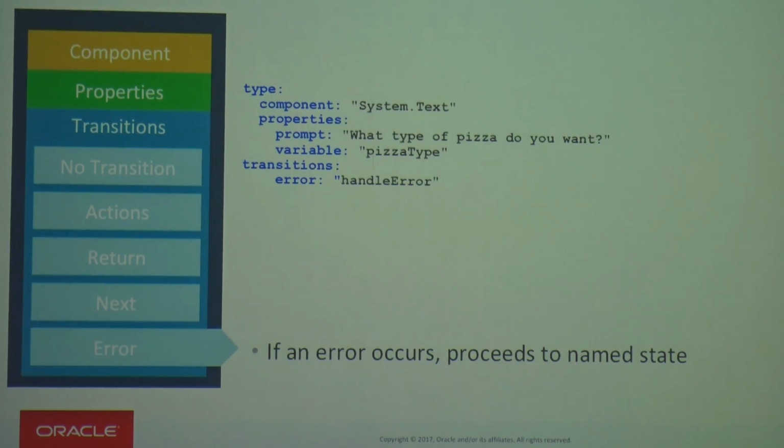Text received is basically, if I had a menu and I typed in anything, it will say I received text even though the component didn't actually expect text. So you can use these as general traps to catch things, but that's an advanced course.